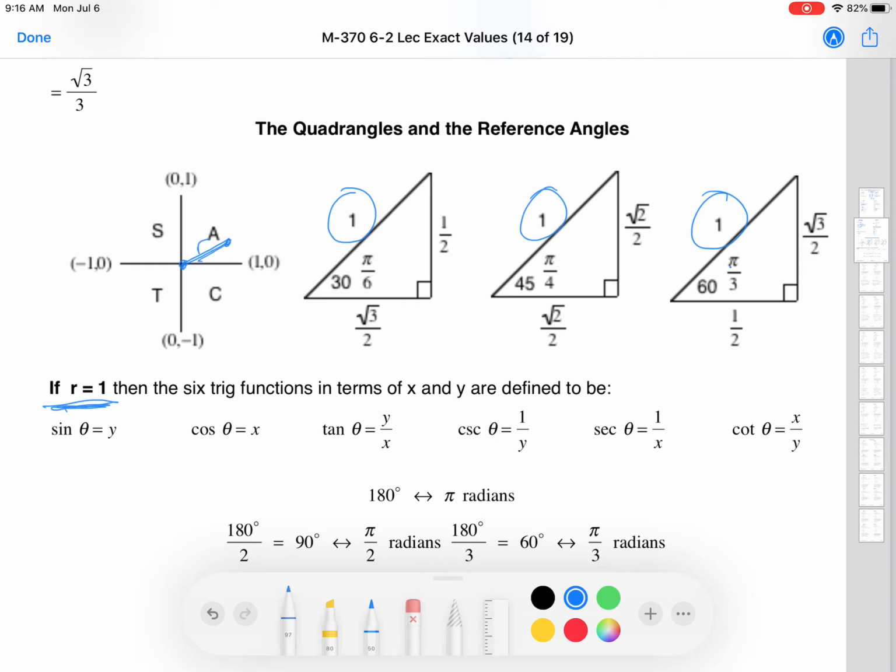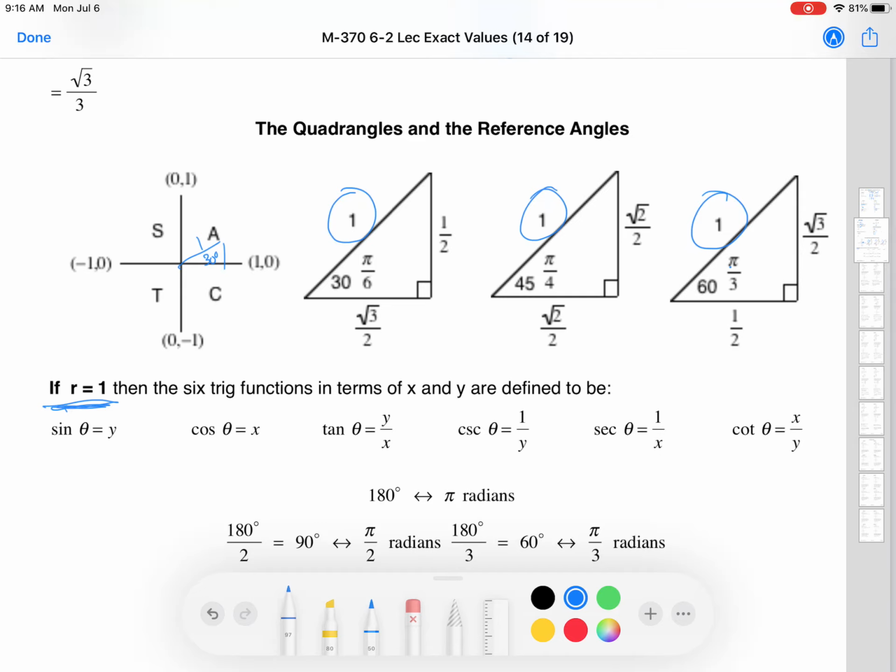You could pick any point like that, but he's picking r. R could be like 5 and be way out here, but he's picking r to be only 1 out. And when he does that, if you have 30 degrees, then you have a y height of 1/2 and an x run of root 3 over 2.